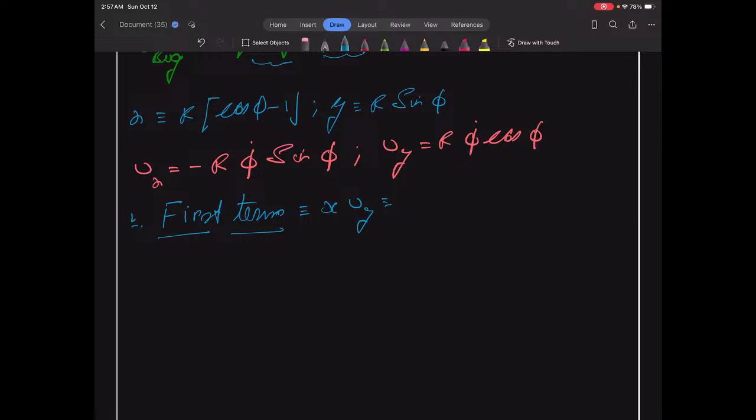Our x is R cos of phi minus 1, and v_y is plus, not minus, R phi dot cos of phi, and this will be giving us R square phi dot and cos of phi minus 1 times cos of phi.